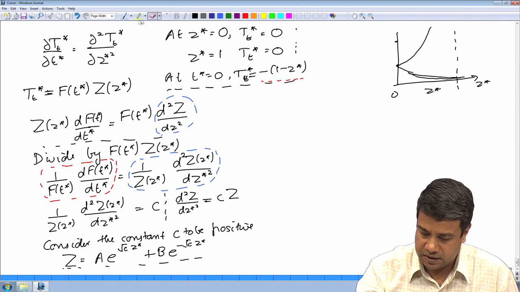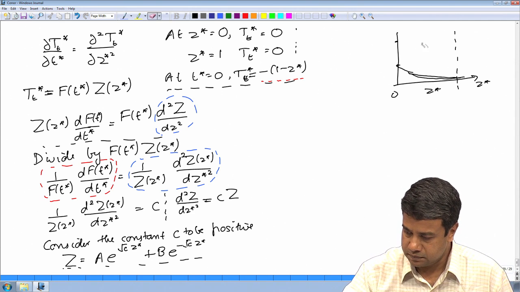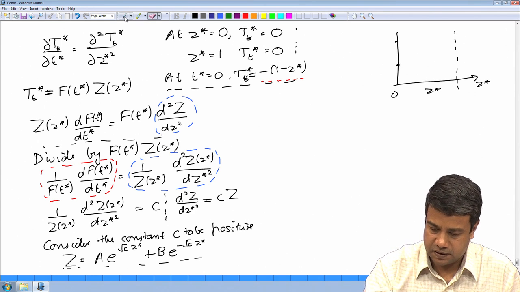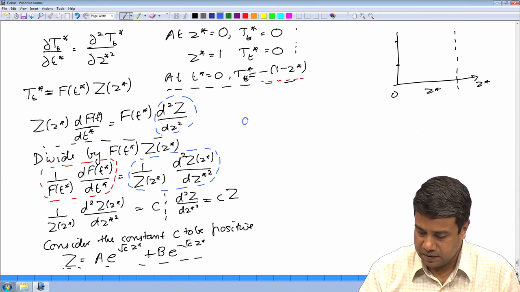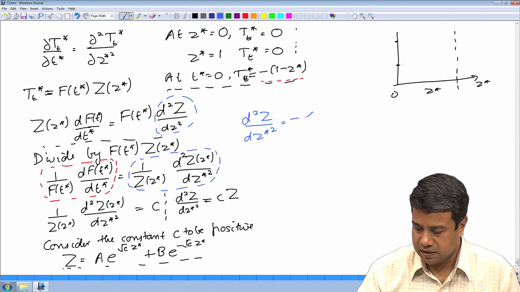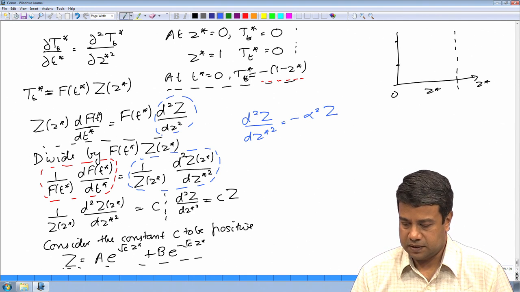What if the constant is negative? I have a function of the form d square Z by dZ star square is equal to minus alpha square Z, where alpha is some positive number.